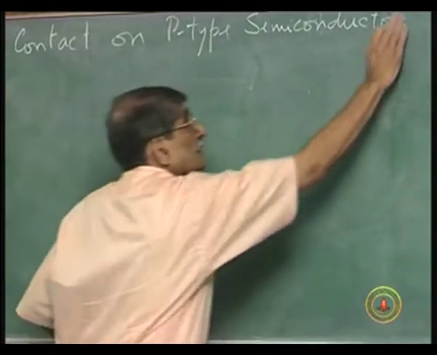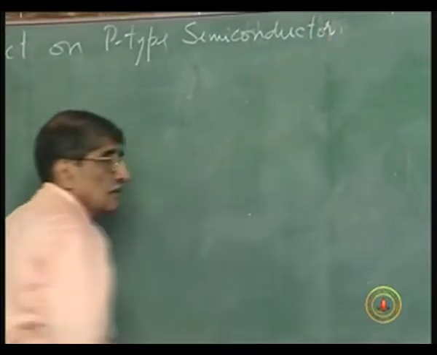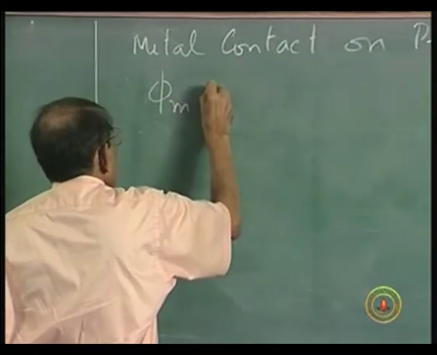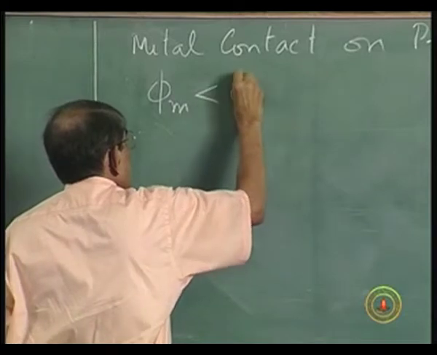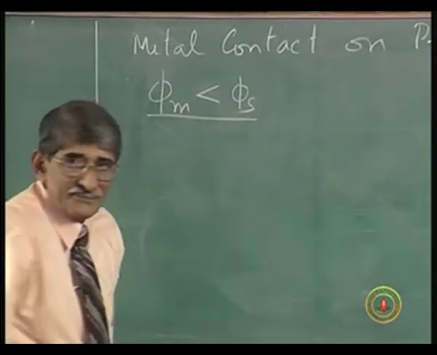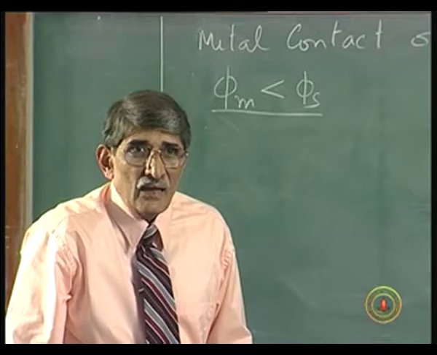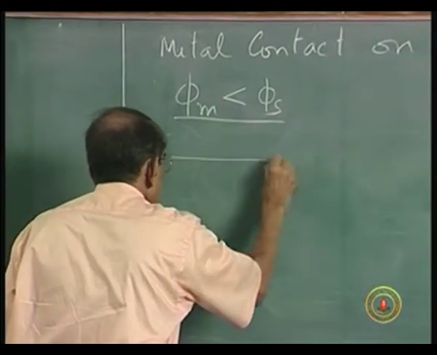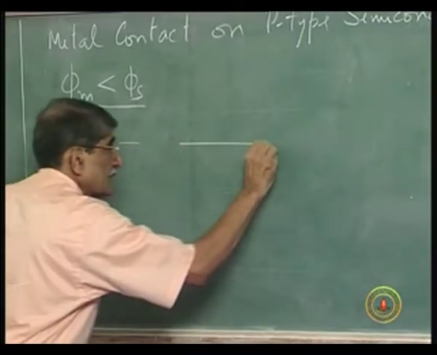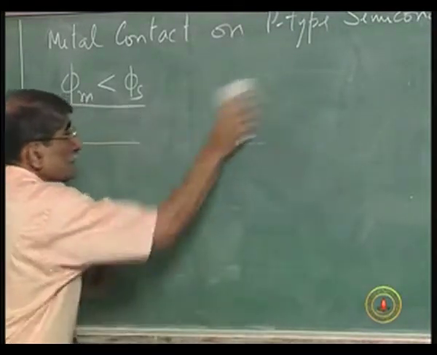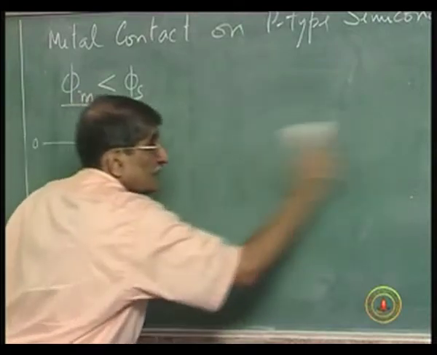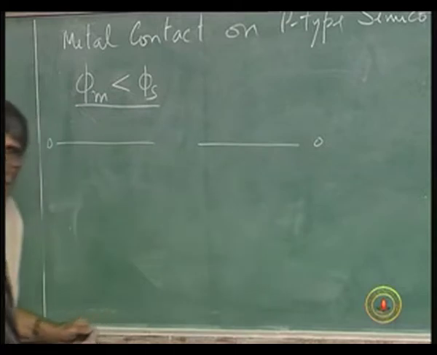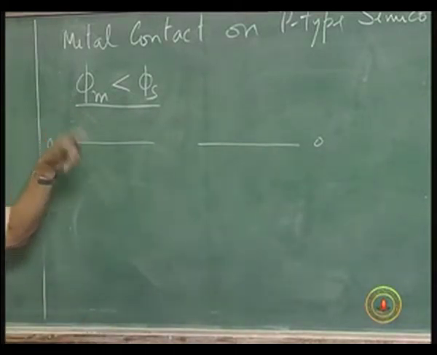On the p type semiconductor, let us take the case where phi m is less than phi of s. I will draw the 0 level corresponding to the semiconductor and the metal. That is the 0 level. Phi m is less than phi of s.